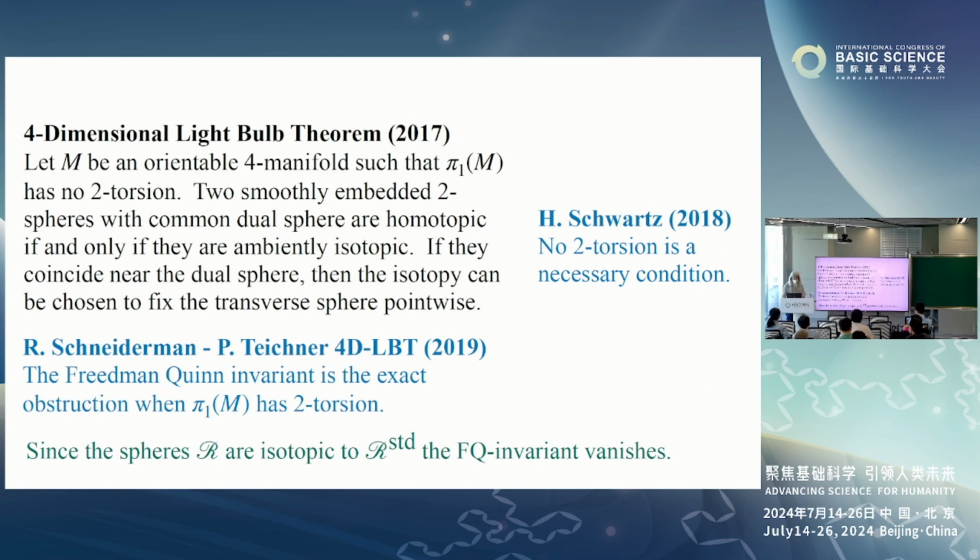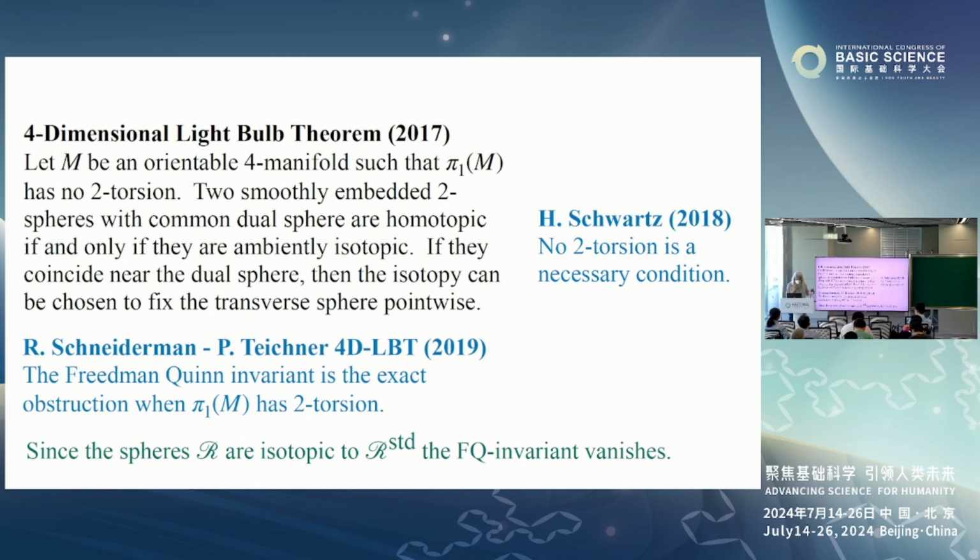But the funny thing here is we know the systems of spheres are isotopic. I mean, they came about by an isotopy that just crashes through the green spheres. But the fact that they're isotopic means that the Friedman-Quinn invariant vanishes.